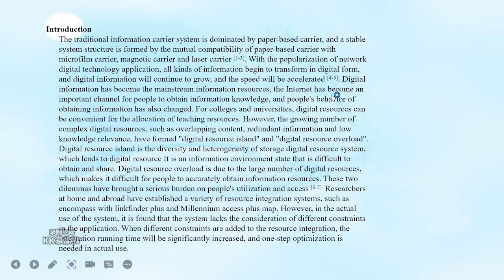The Internet has become an important channel for people to obtain information and knowledge, and people's behavior of obtaining information has also changed. For colleges and universities, digital resources can be convenient for the allocation of teaching resources.